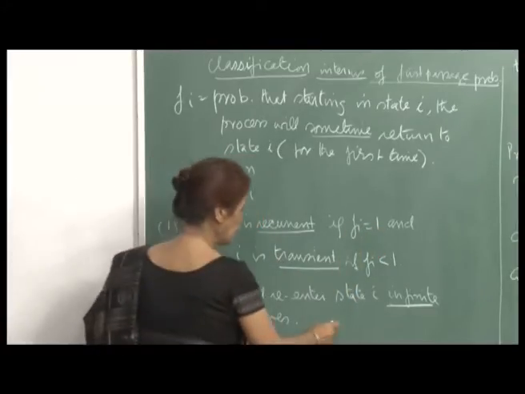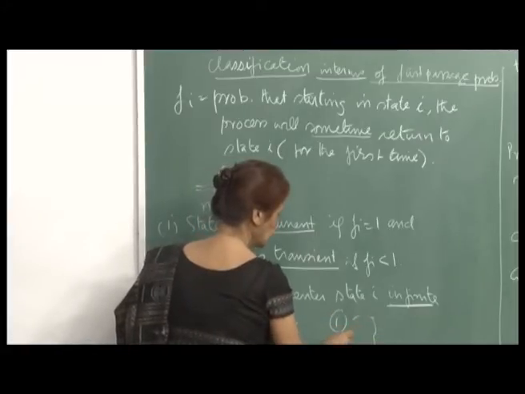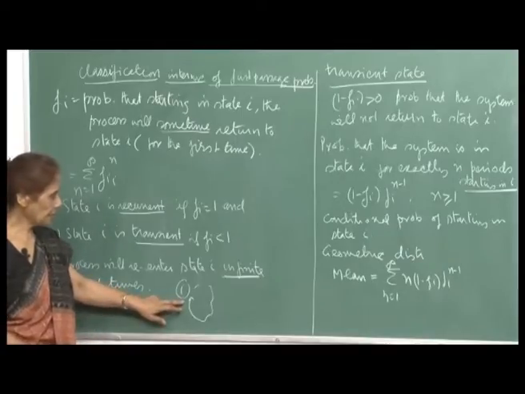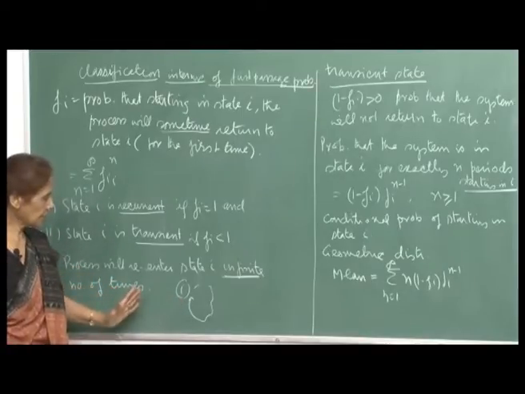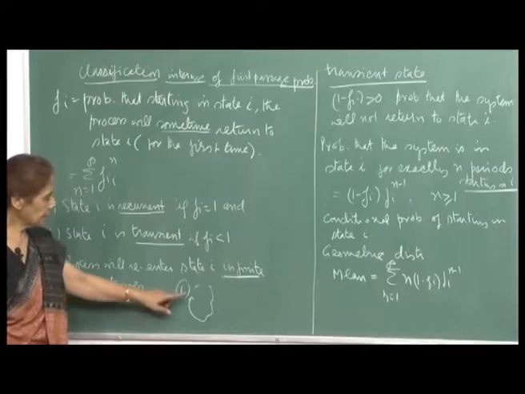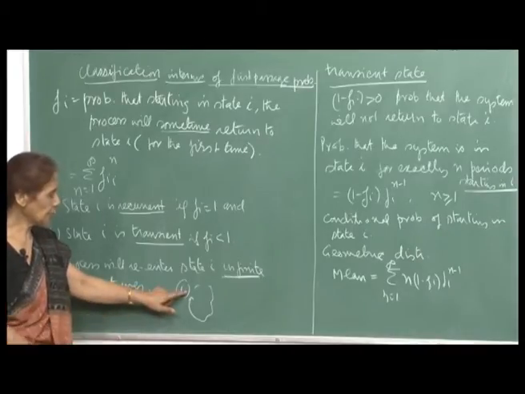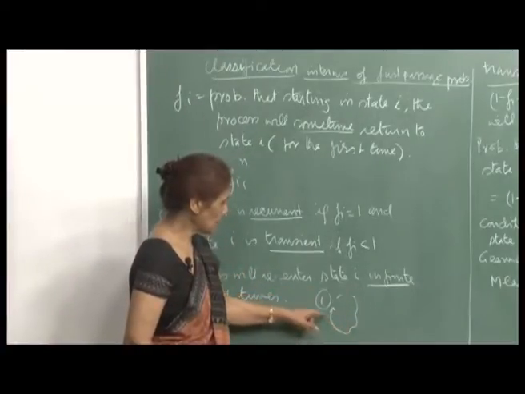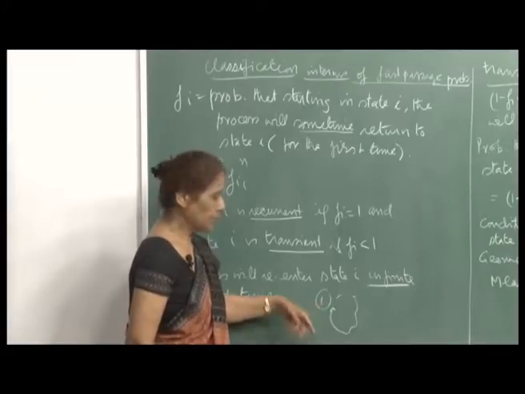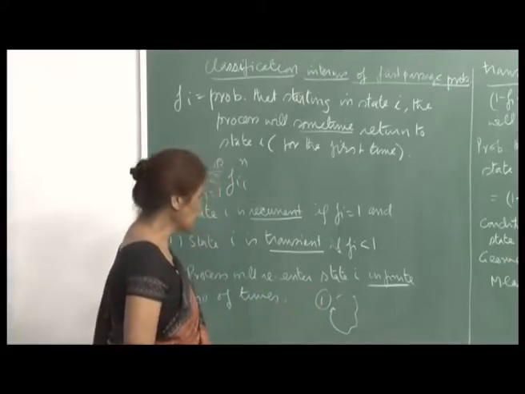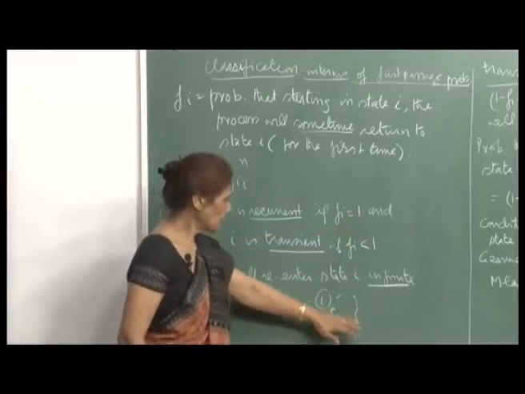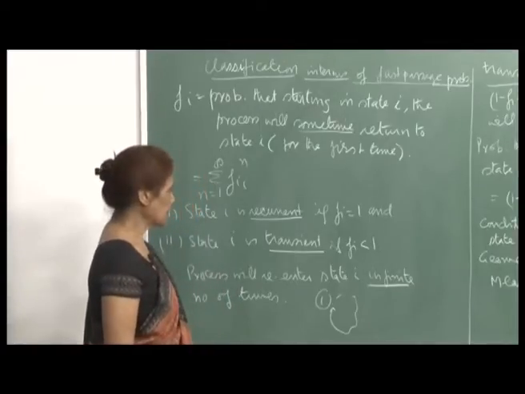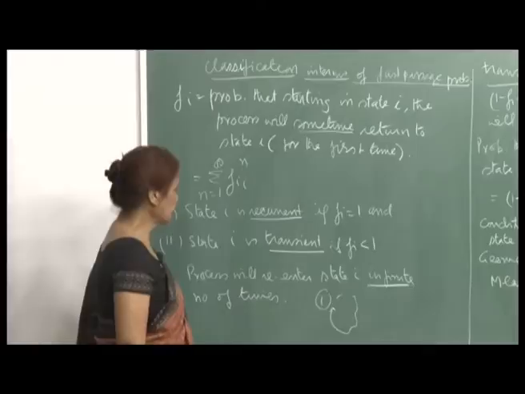So, starting from I, it will return to itself after some time, and then because it is a Markov process, memoryless, that means the past history is not to be considered, the whole process starts fresh, and then you will again go to other states and so on, and then come back again to I. And so, every time you come back, the system starts fresh, and since your f I is 1, therefore, you will keep coming back to I an infinite number of times. So, therefore, the way to characterize this is a recurrent state.